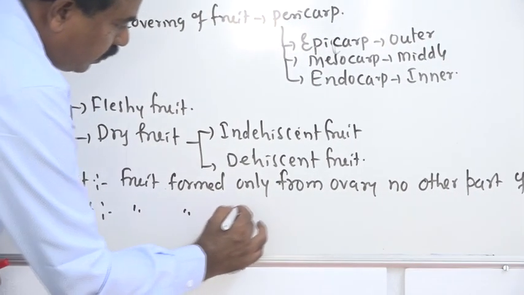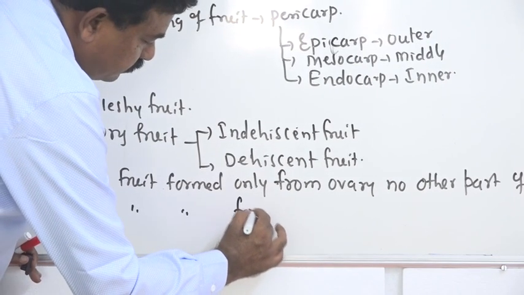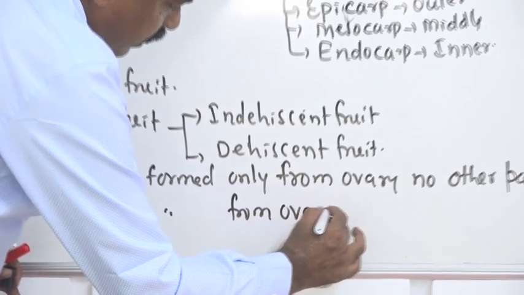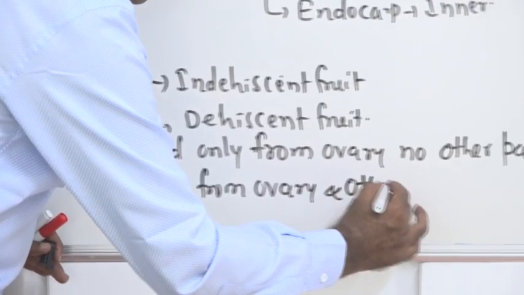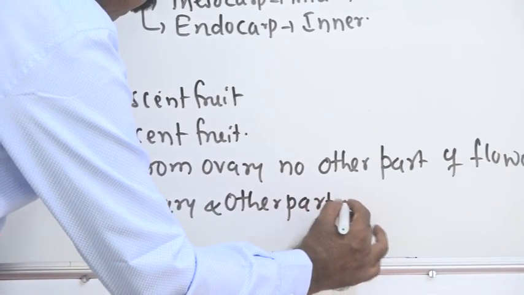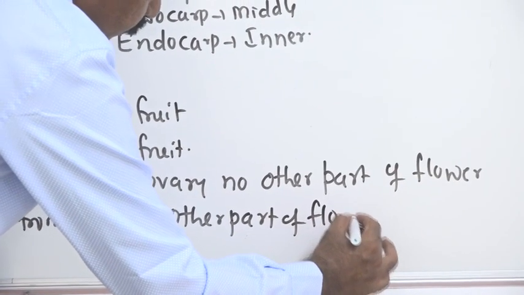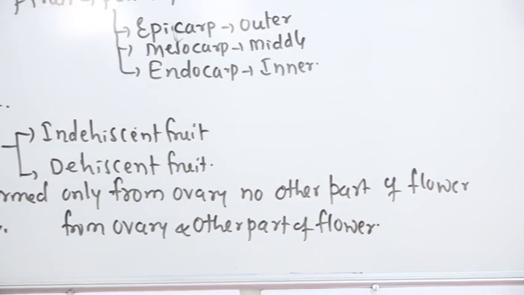If the fruit is formed from the ovary and other parts of the flower, we call it a false fruit.